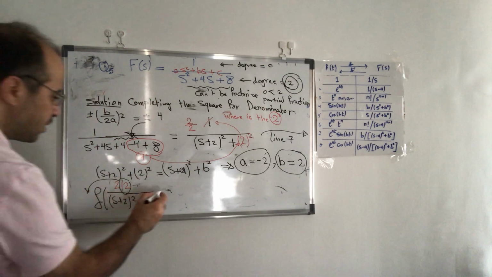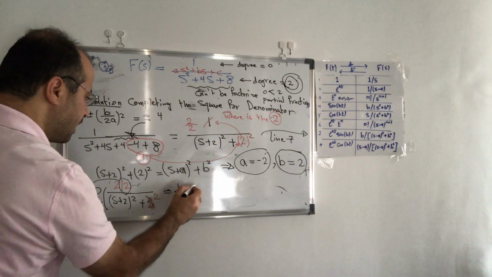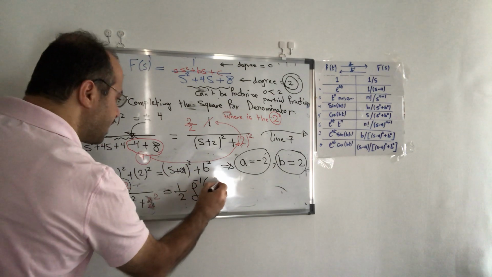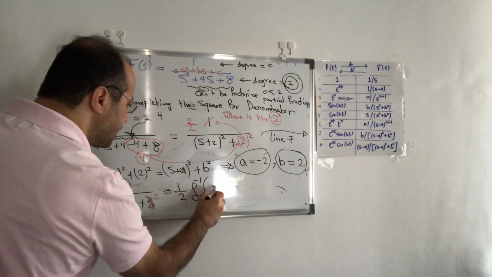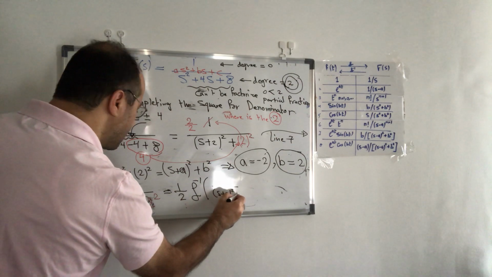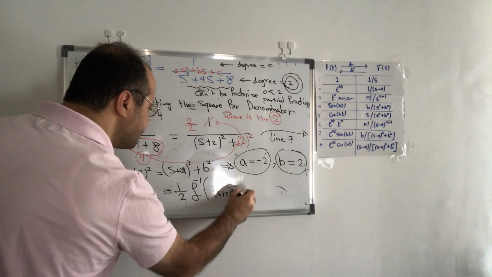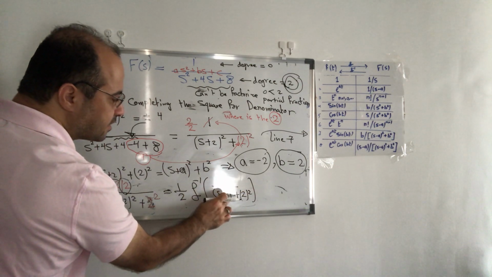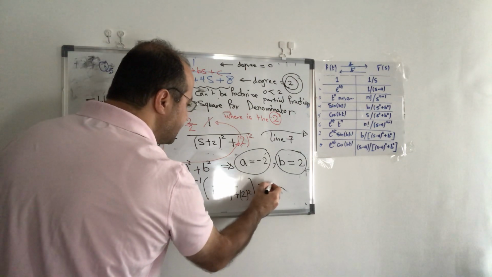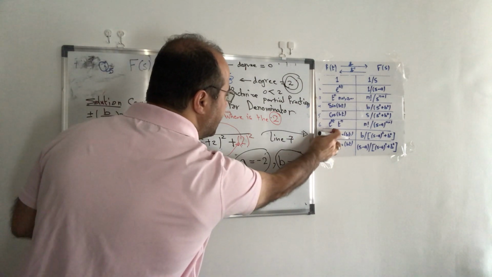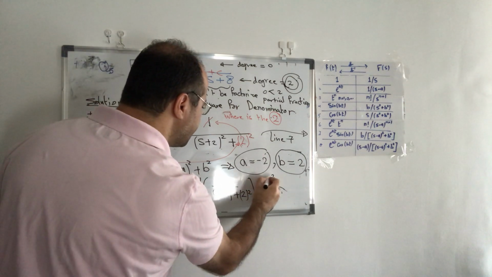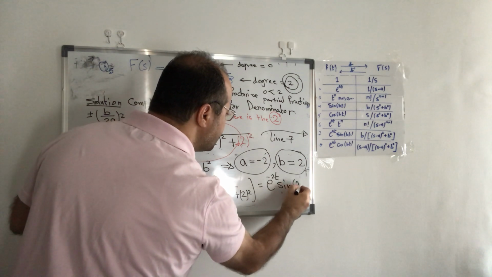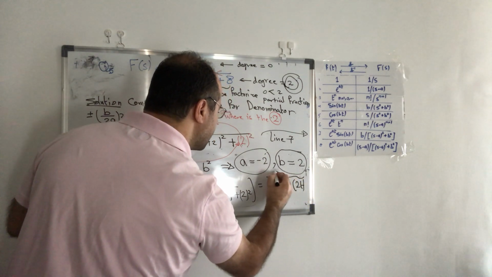I take it outside as 1 over 2, and here is the Laplace inverse. Things are ready now. You have 2 over (s plus 2) squared plus 2 squared, and now you have b squared, b, and you have s minus minus a. So then we're going to have e to the power of a t. A is minus 2t, and then is it sine or cosine? It is sine, and then 2t, and then we are done.